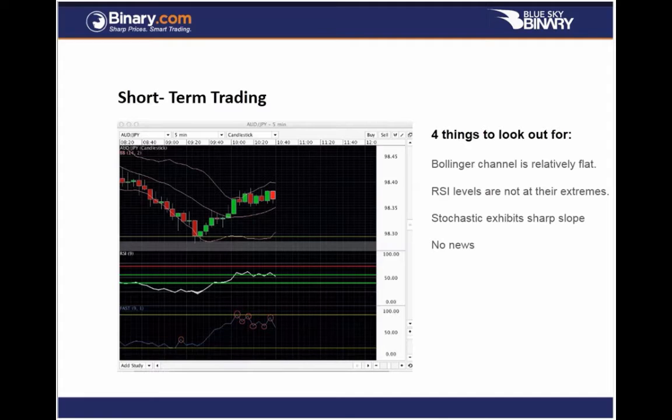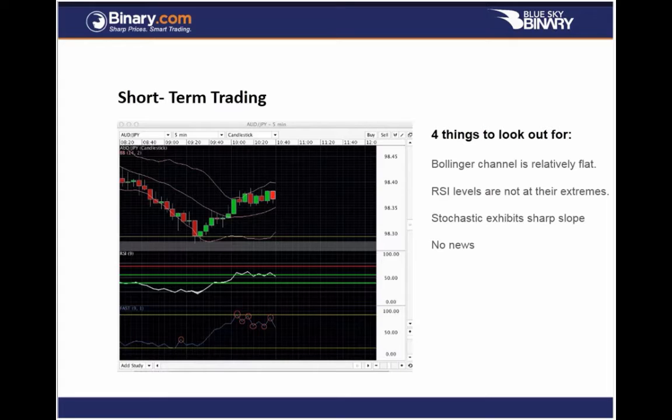Every time that you see a spike in the price and a very big slope in the stochastic, you can bet on the reversal. Again, you see all these corners that are created, all these tops and bottoms. This is actually what you're trading, and you can always bet on the reversal.